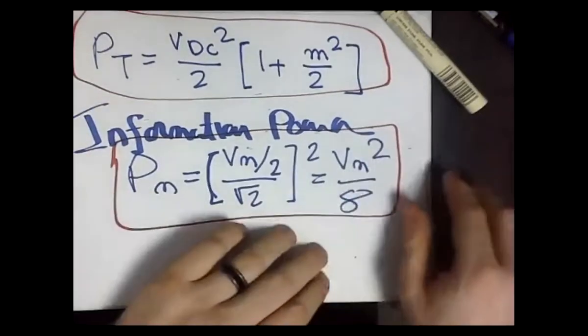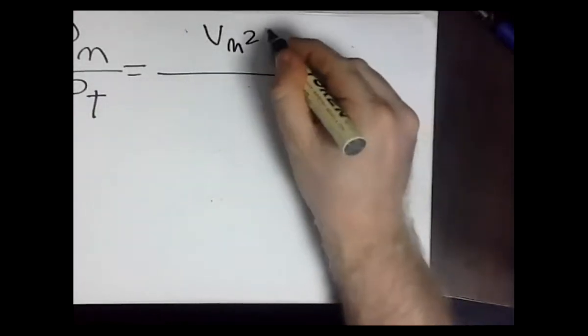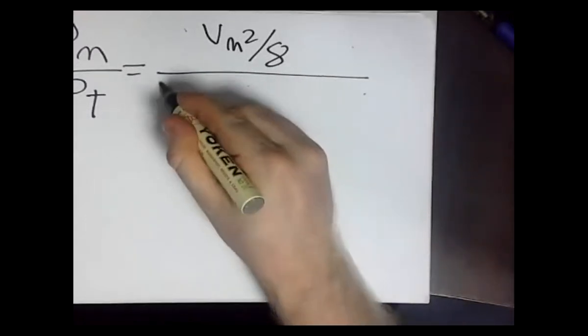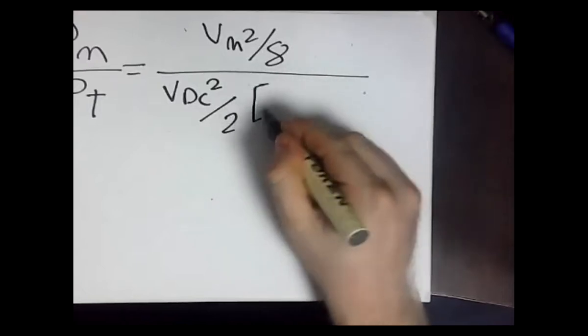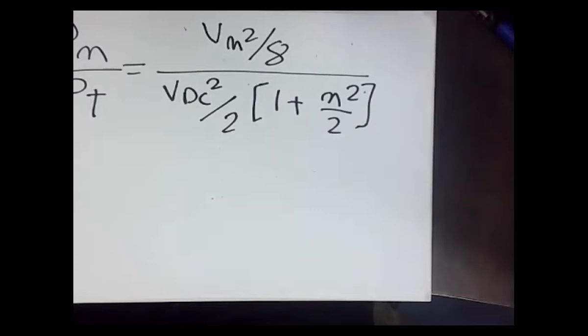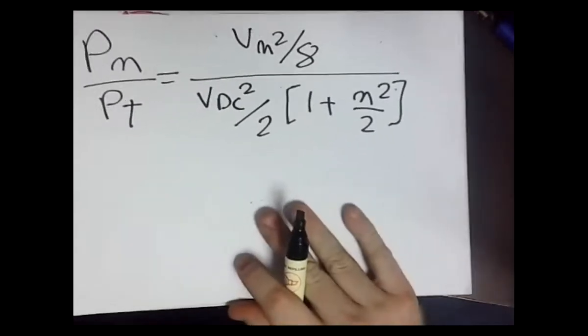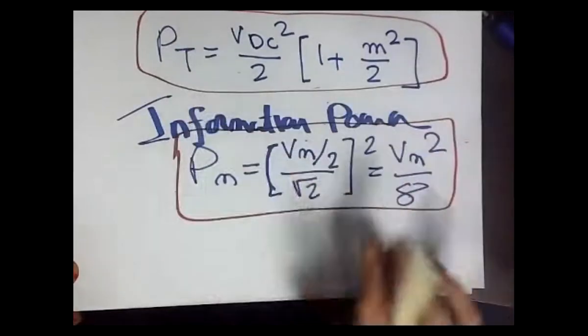So let's do this exercise. Pm over Pt equals Vm squared over 8, over Vdc squared over 2 times (1 plus m squared over 2). Again, what I did here, my dear students, is simply divide this term over this term.